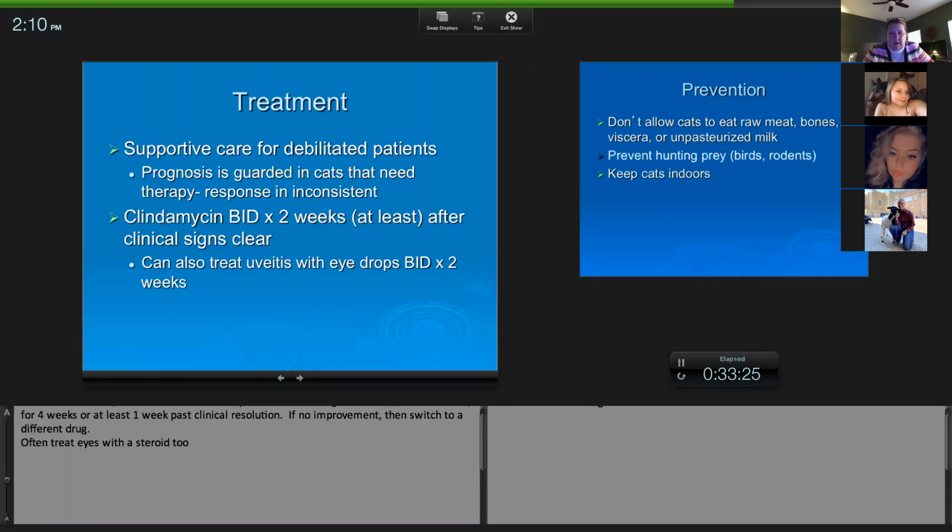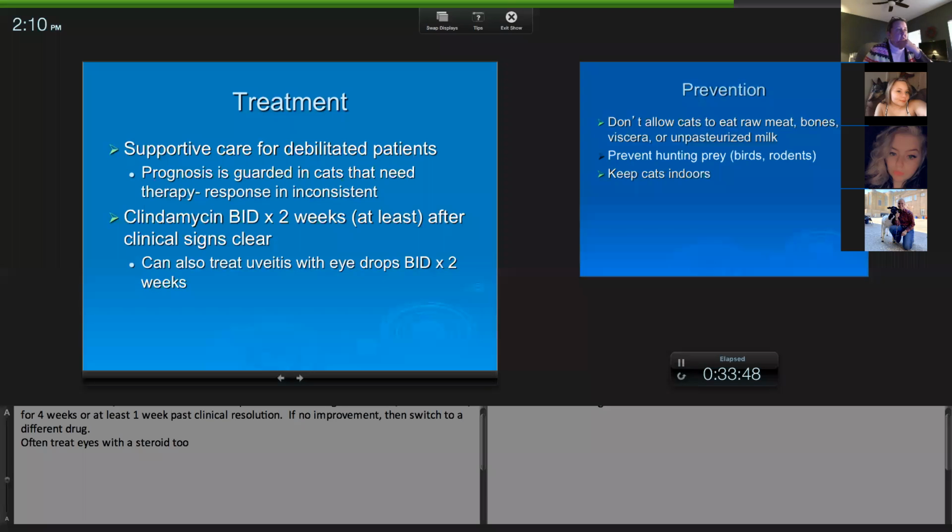Potentially they're going to go on anti-inflammatories. Potentially we're going to do supportive care for nutrition, because if they're anorexic and losing weight, we might be feeding. So those are examples of supportive care. Supportive care is not treating the illness. Supportive care is supporting the clinical signs of the animal with the illness.